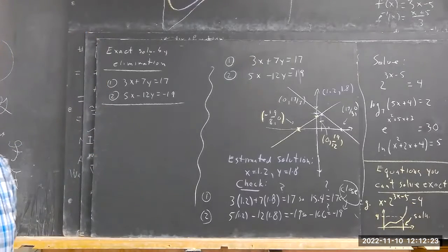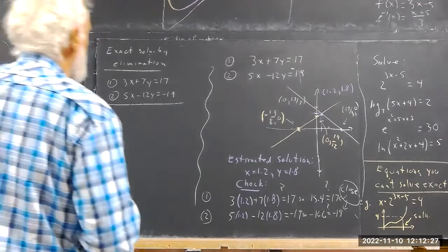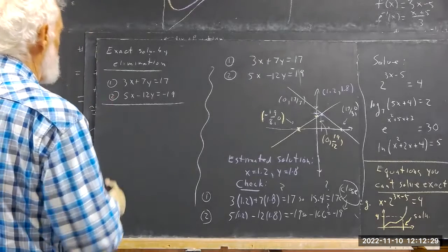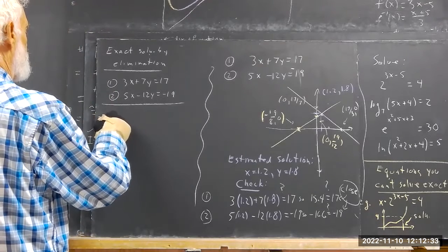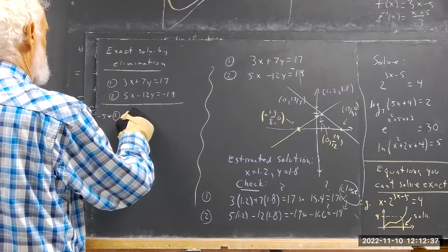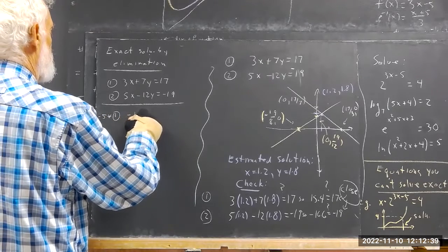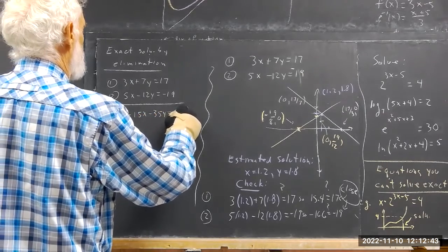There's our system. If I multiply this first equation by -5, I get -15x minus 35y equals -85.